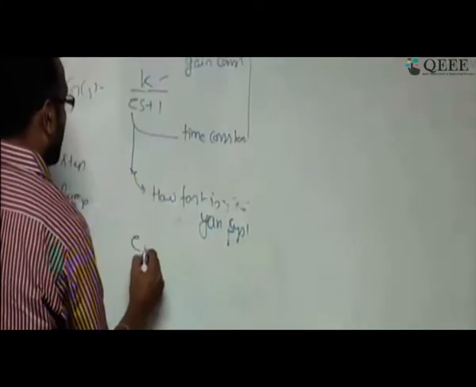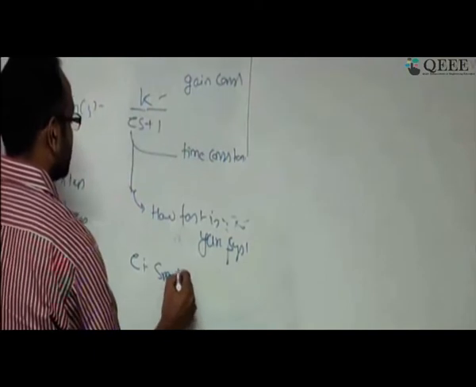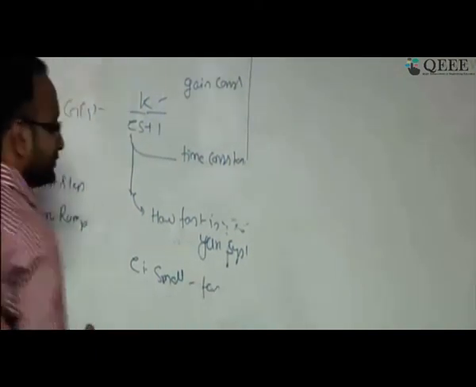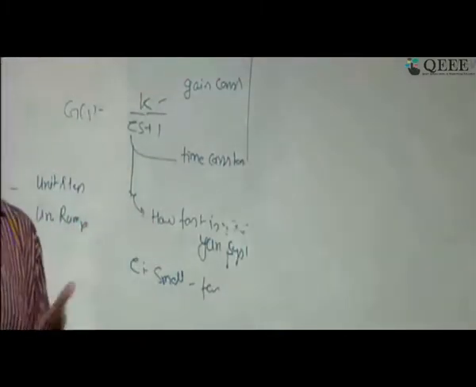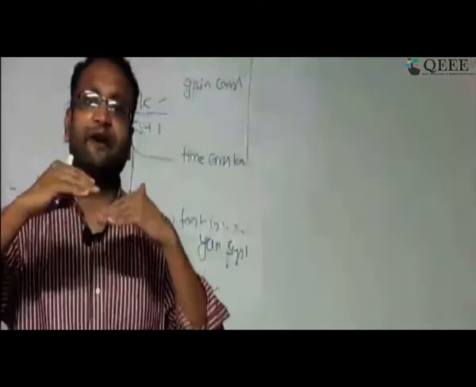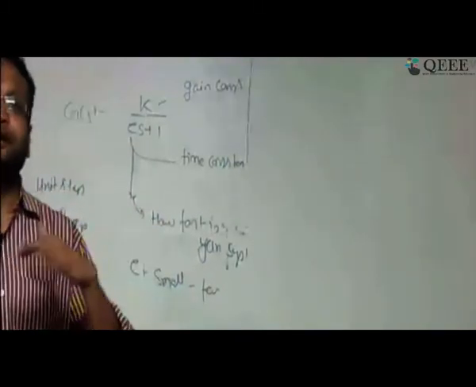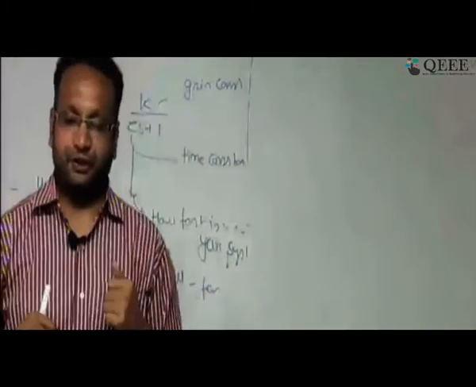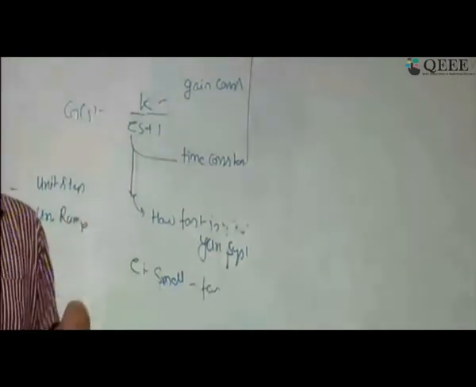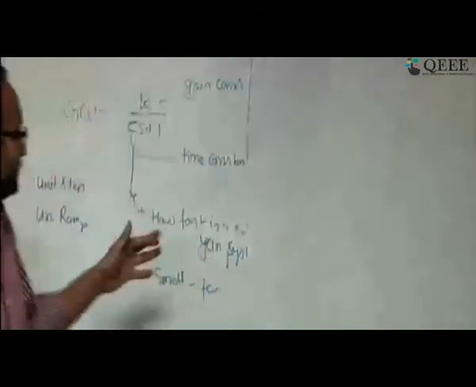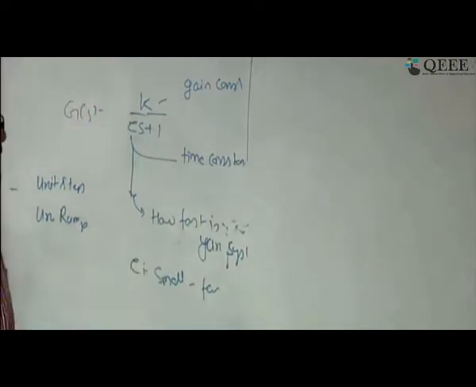If tau is small, the system is fast. If tau is more, the system is slow. And K is a gain constant. It doesn't affect the shape of the response. It only gives the magnification, which we can work out by putting in another amplifier. So I am interested in looking at this time constant.